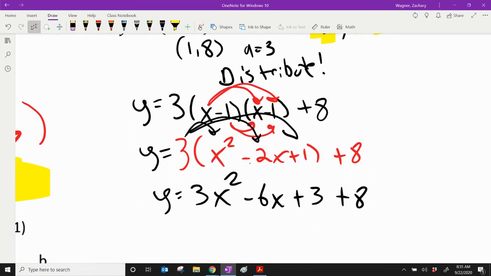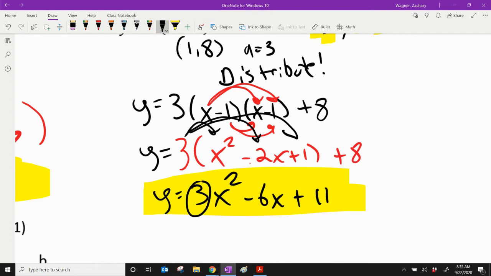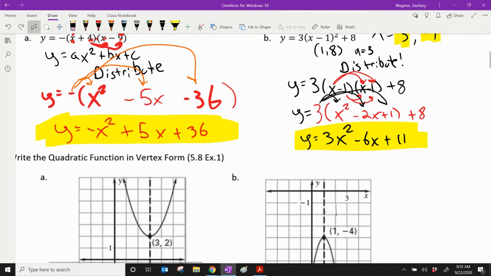Don't touch anything on the outside that's being added until the very end. Luckily, we are there. 3 plus 8 equals 11. Very nice. That is my standard form. ax squared plus bx plus c. A value is 3. B value is negative 6. And C value is 11. Very nice. We move on.